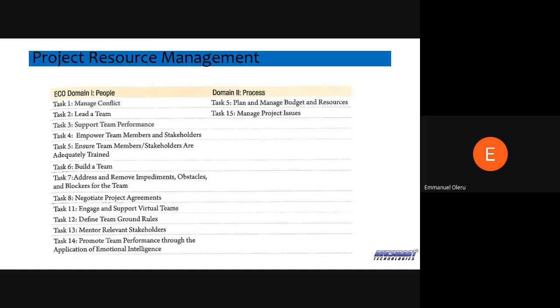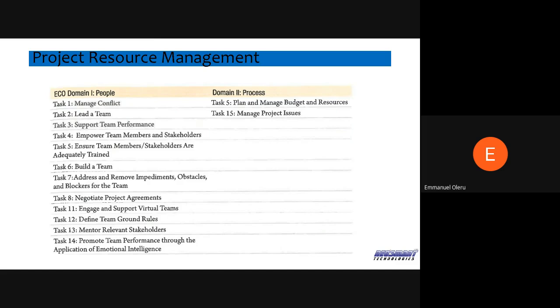I'm going to talk about a lot of things that deal with team management, resource management, as the case may be. So you have the people domain and we have the process domain. It's pretty much a way to plan your resource, right?